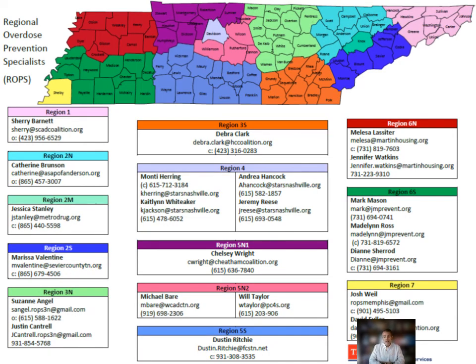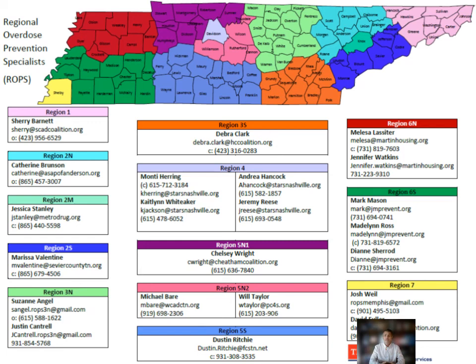At a bare minimum, in each of your practices, if you have no other information or no other reference or referral type scenario or places that you can send your patients, please, please, please be familiar with your local regional overdose prevention specialists. These are peer recovery support specialists that have been through a substance use disorder on their own and have found recovery, so they can identify and really empathize with the patients that you may have that are suffering from a substance use disorder.